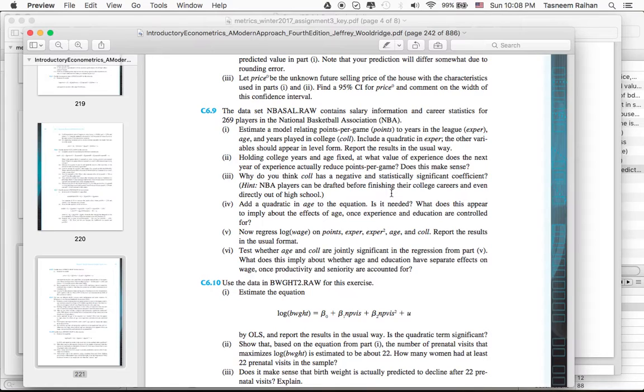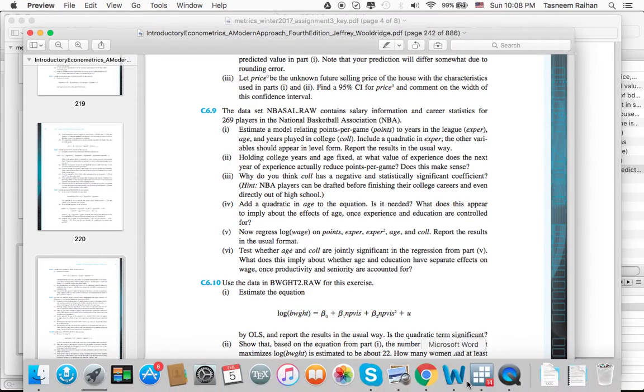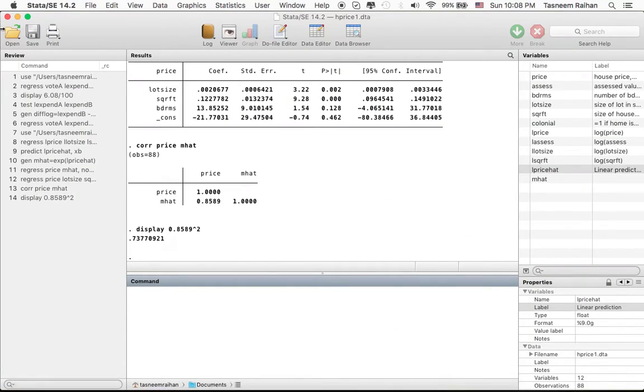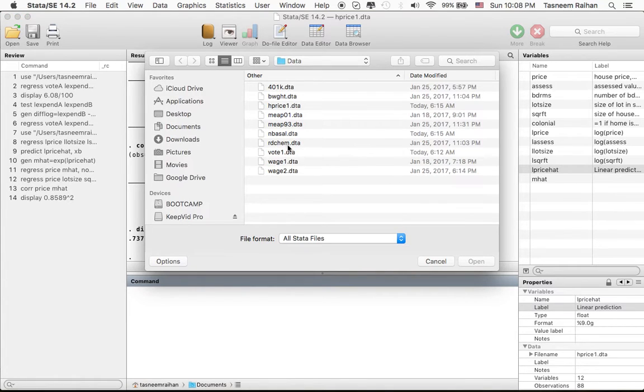Estimate a model relating points per game to years in the league, which is given by the variable called xpar, then age and years played in college. Include a quadratic term in xpar, which is experience. The other variables should appear in level form. Report the results in the usual way. So let's open the file NBA.